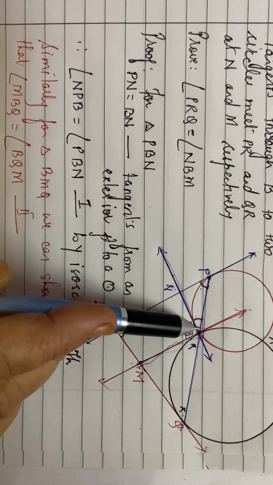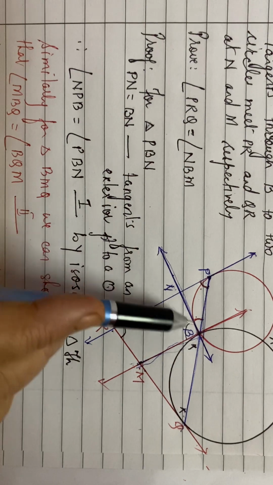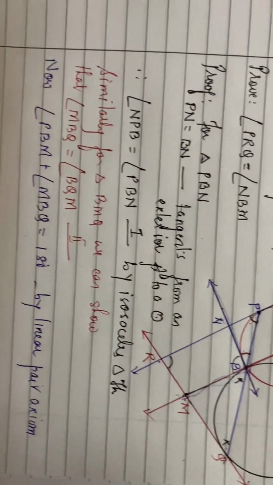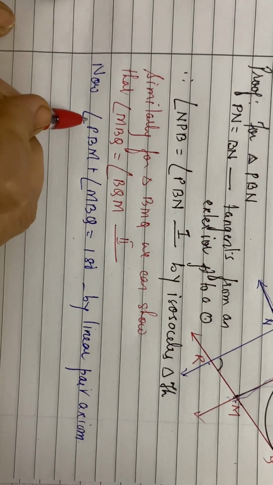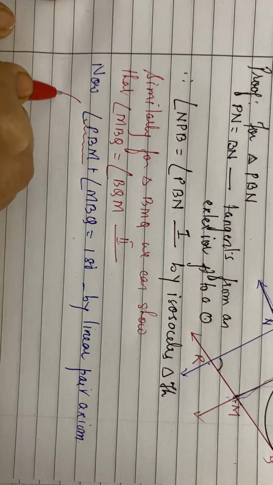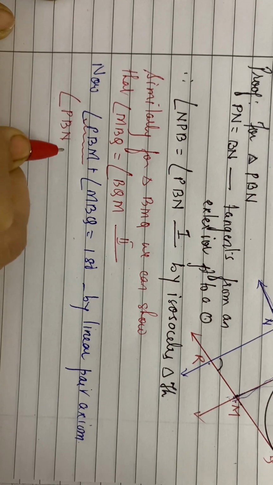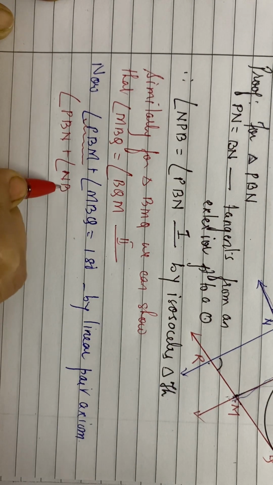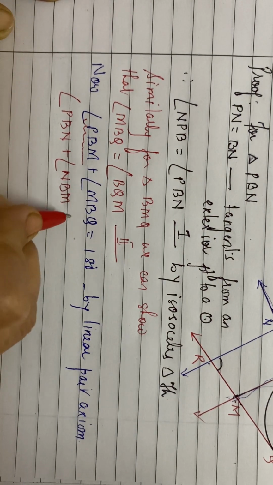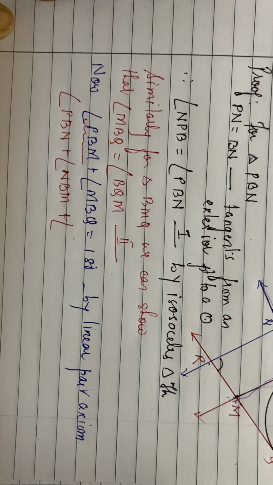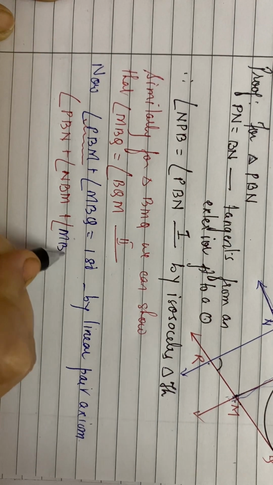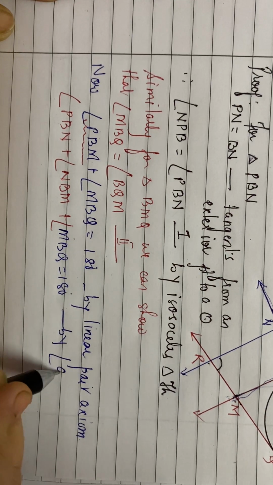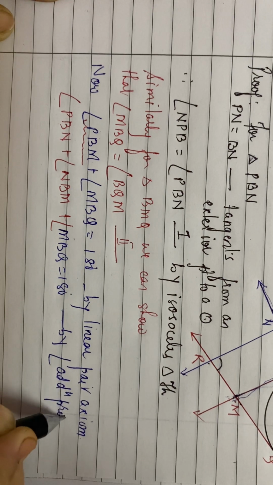So we write angle PBN plus angle NBM, and MBQ as it is, equal to 180. The reason is the angle addition property.